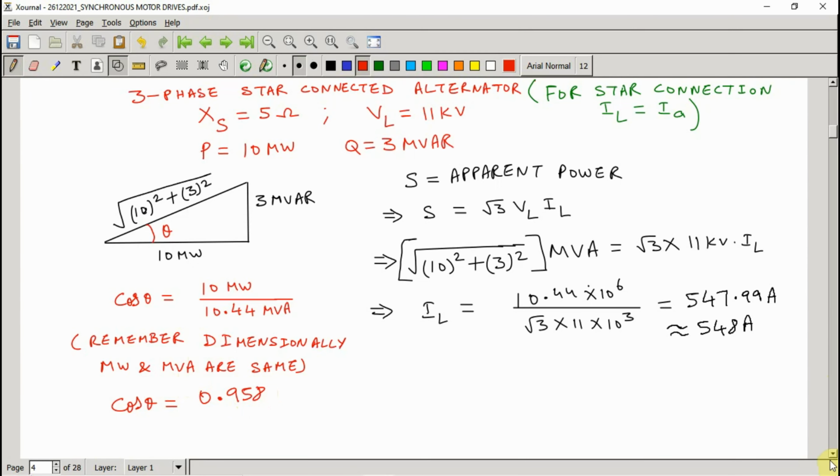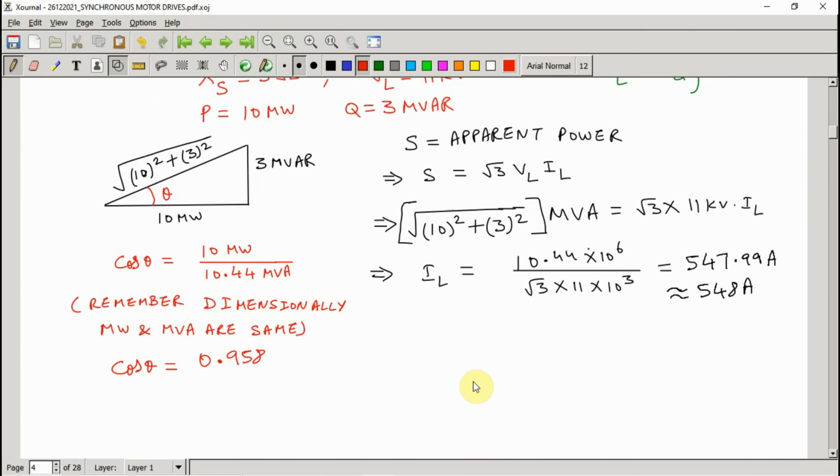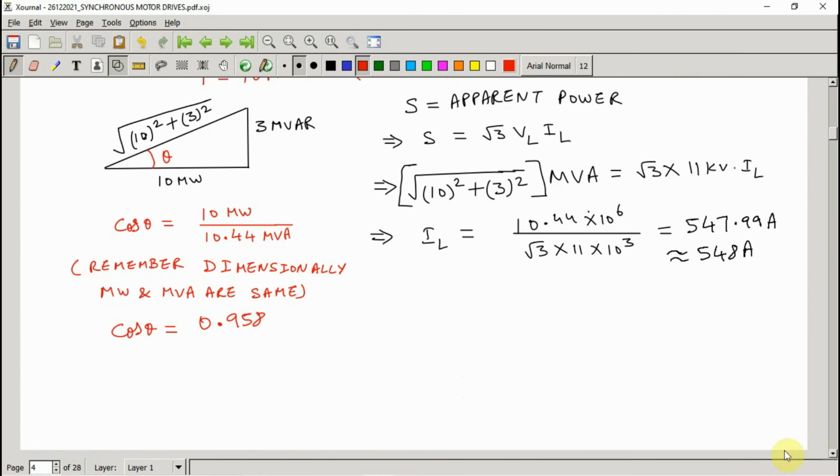Now let us do one thing. Let us now equate these two expressions of active power. I mean to say that we can compute the value of Vt, no doubt. What is the value of Vt here? Vt is nothing but VL divided by root 3, because it is star connected, or Y connected, whatever you call.